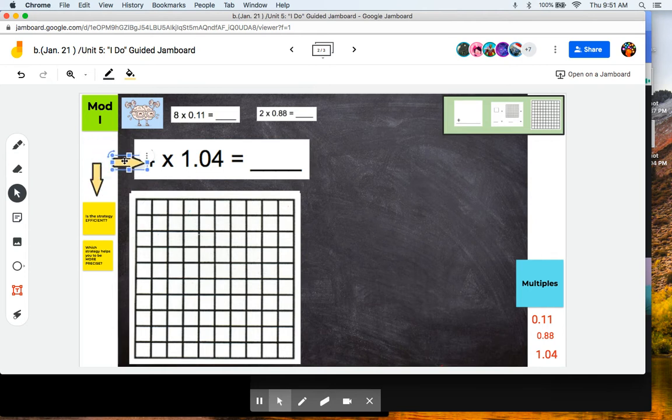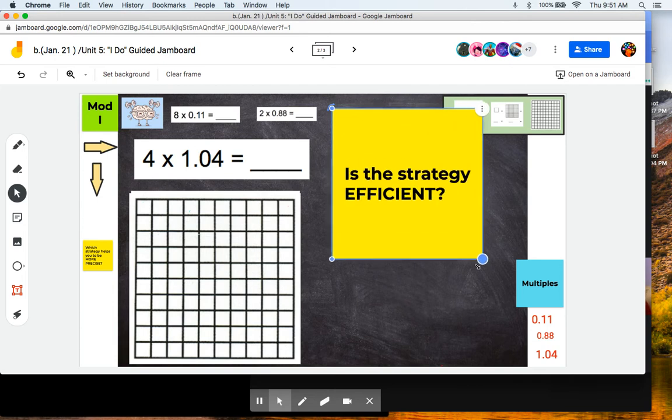Now, I want you all to think about this a little bit. Number one, one of my factors has a whole number. I have 1 whole and 4 tenths. Now, as I am showing you the model, I want you to think mathematically. Is the strategy that we're using efficient? Can it be done quickly?